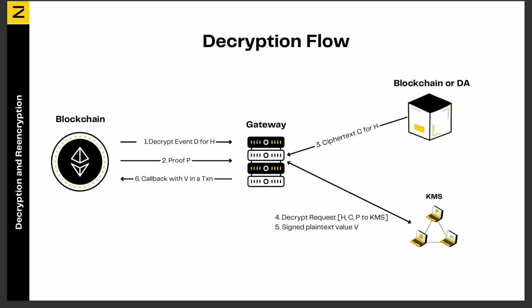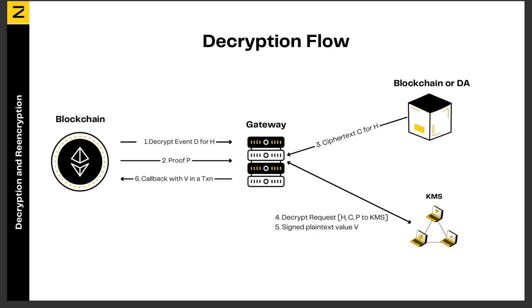In practice, this proof is a Merkle storage proof from the ACL smart contract. Step 3, the gateway will go fetch the actual ciphertext from something called the data availability layer. I'll talk about it. Basically, the DA is just a key value mapping from a handle to a ciphertext. So this is public, nothing special, just a persistent key value store. It can be implemented as a blockchain even.